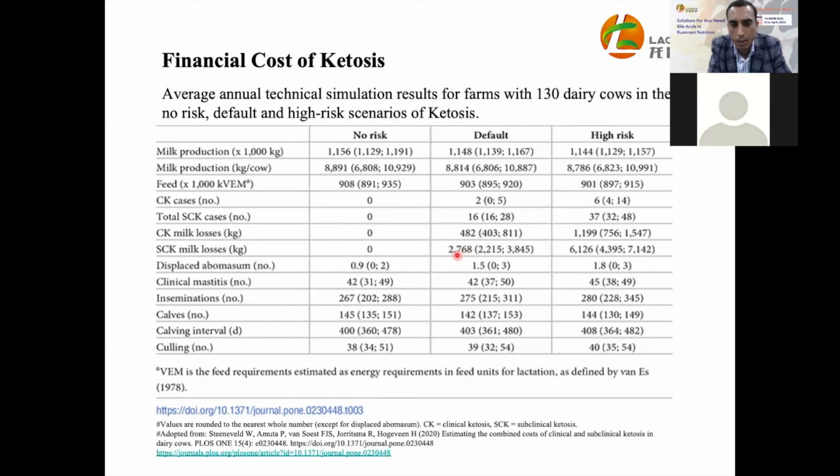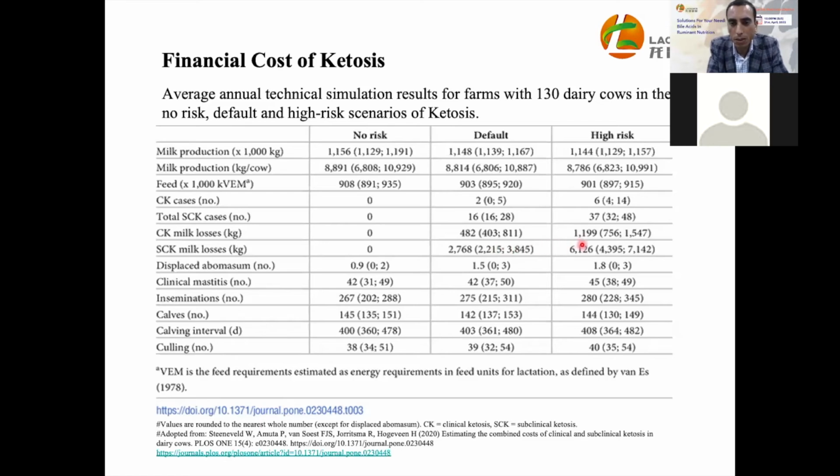For subclinical ketosis, the loss of milk production is high at both levels, default and high risk. It is more than 5 times that of clinical ketosis, and this can explain why the milk loss is higher with subclinical ketosis: in that state most cows are not picked up, so sometimes it is not discovered and no medicine is given, which means the cow continues to lose milk.